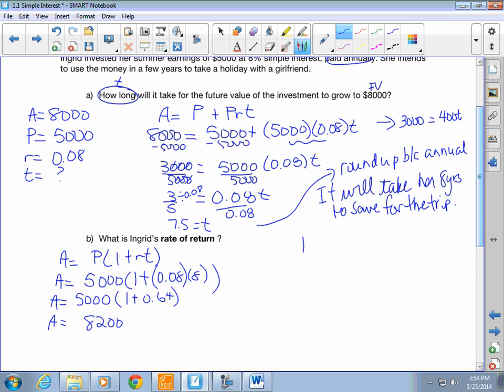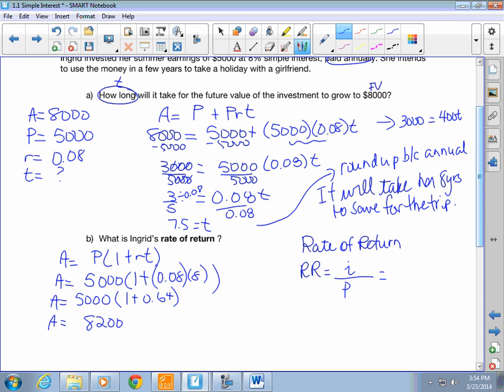Her rate of return, and I'll just put this as RR, is going to equal the interest that she's made divided by the amount she's invested, or her principal. So this is equal to the interest she's earned.